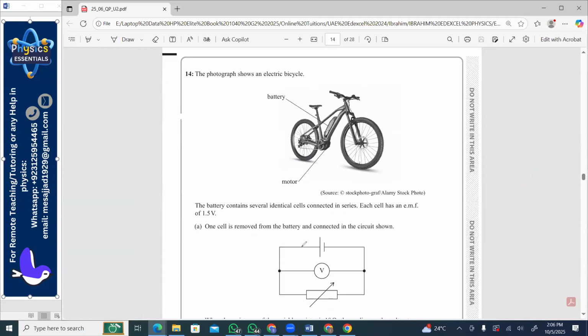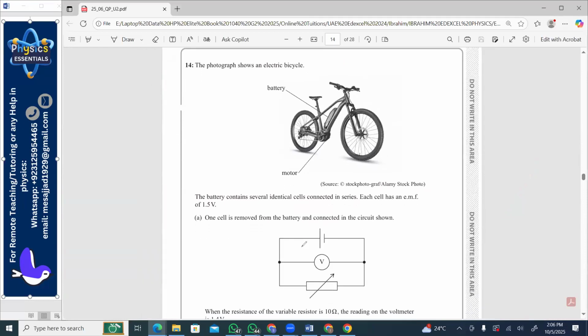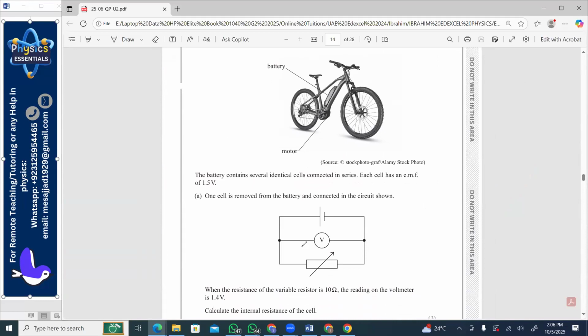Question number 14. The photograph shows an electric bicycle. The battery contains several identical cells connected in series. Each cell has an EMF of 1.5 volts. One cell is removed from the battery and connected in the circuit shown. When the resistance of the variable resistor is 10 ohms, the reading on the voltmeter is 1.4 volts. Okay, let me write the data.